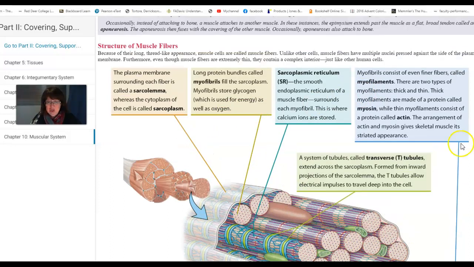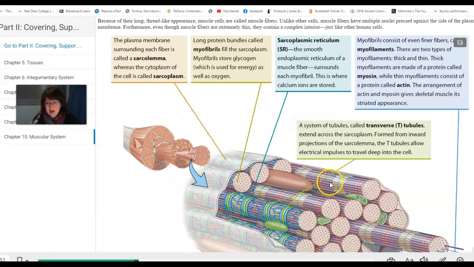In between each one is called the sarcomere. So when we talk about these striations, they are due to the different types of myofibrils inside.